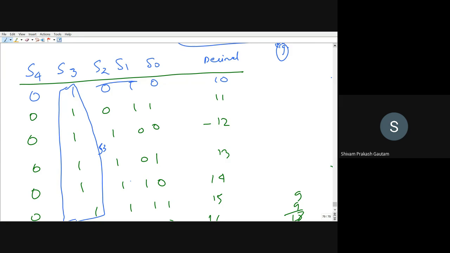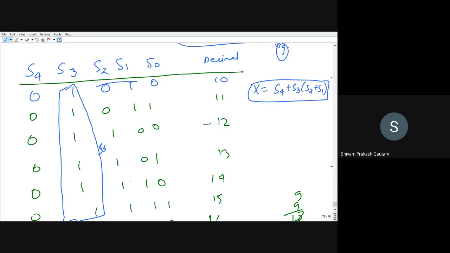If you take the logic like this, that is X is equal to S4 plus S3, S2 plus S1, right? If this is high, then our bit, that is X variable, will always be high. In all other cases, this X will give 0 value.